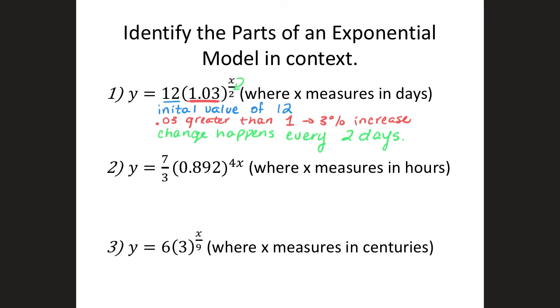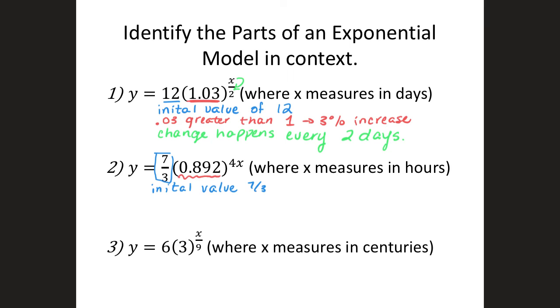Okay, let's take a look at number 2. I have y equals 7/3 times 0.892 raised to the 4x power, and x here is measured in hours. So again, my initial value is 7/3. My change factor is less than 1, and to figure out how much less than 1 it is, I'm just going to subtract it from 1.